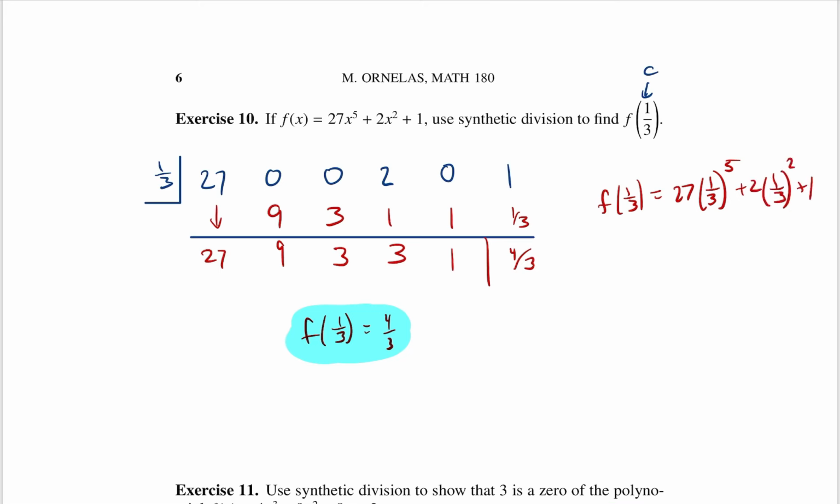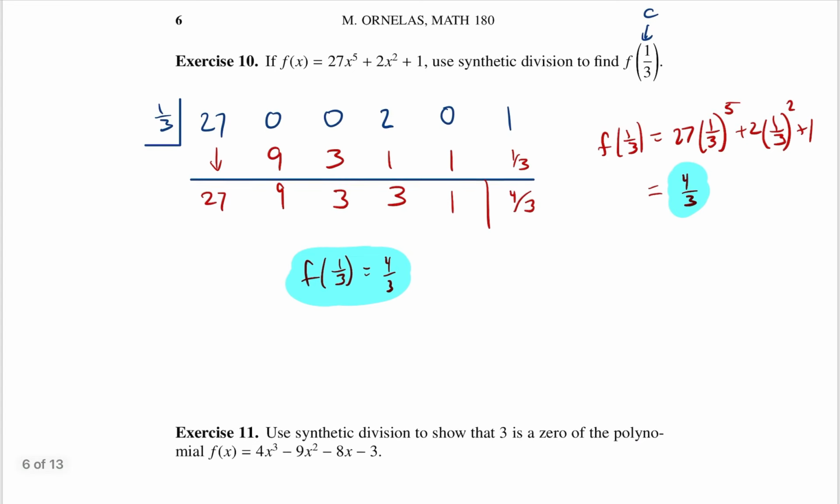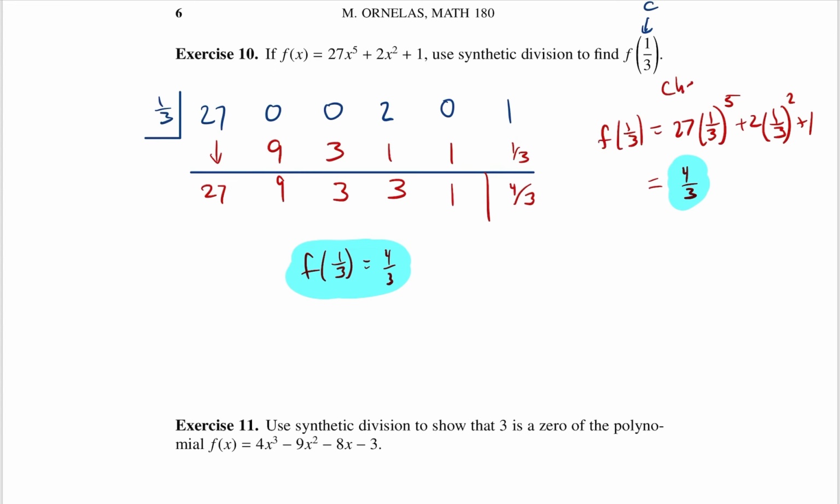So let's use our calculators to find out what that is. And I'm getting 1.3333, which is the same thing as 4/3. So it does give us the same value as the remainder when we do synthetic division. So this is just to check to make sure that our answer was correct, which it checked out.